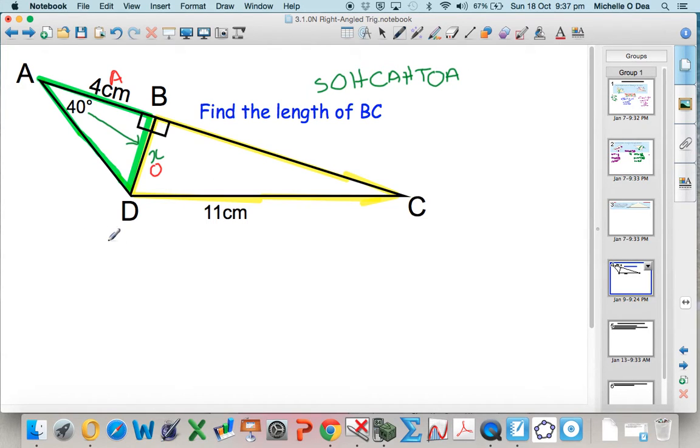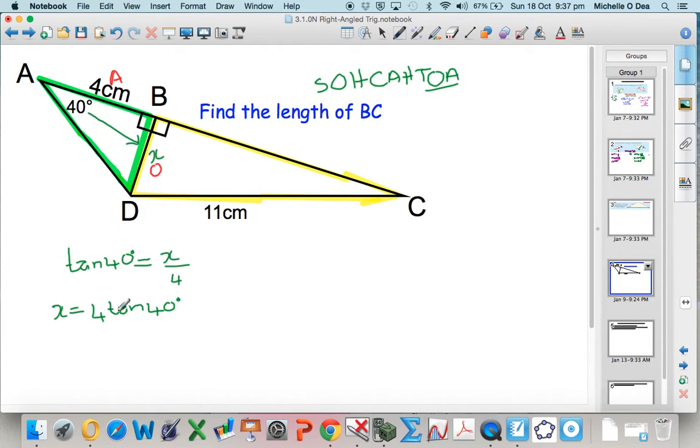I need to find the opposite, so it's TOA, so it must be tan. So what we can say is that tan 40 is equal to opposite, which is x, over adjacent, which is 4. X equals, multiply both sides by 4, so x equals 4 tan of 40 degrees.